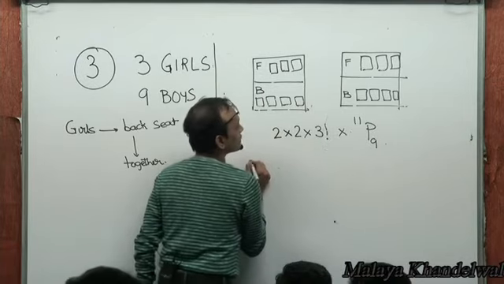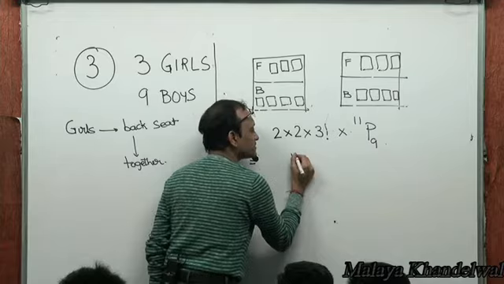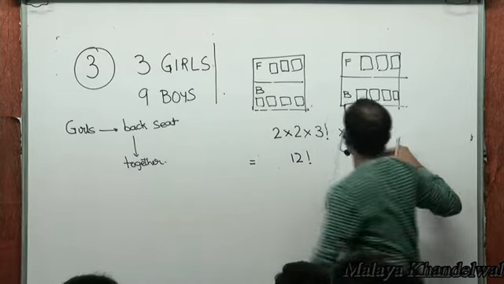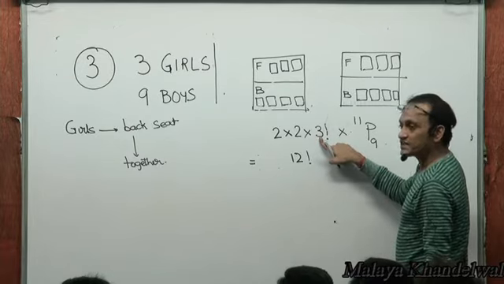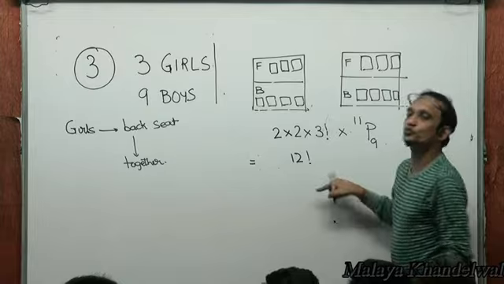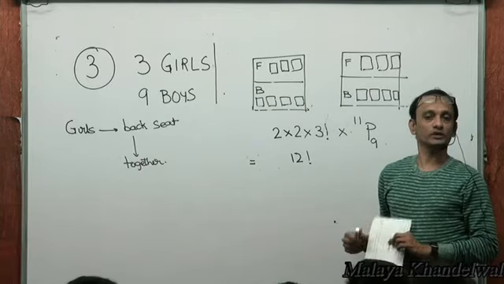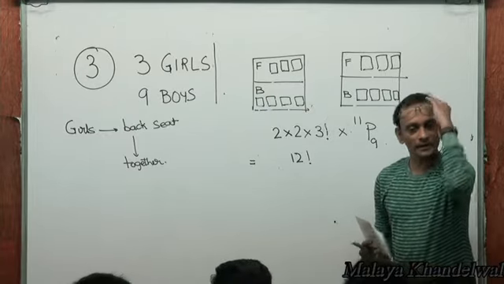So that turns out to be 11 factorial, 6 2s are 12. So that makes it 12 factorial, because there is a 2 factorial here that will get cancelled with this. And this is 2 into 6, 12 into 11 factorial. 12 into 11 factorial will be 12 factorial. 12 factorial number of ways. Yes or no? Right? Got me, no?